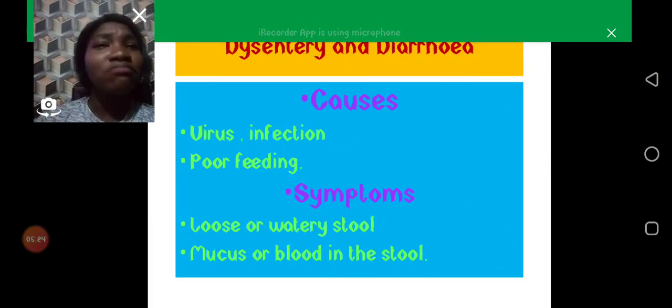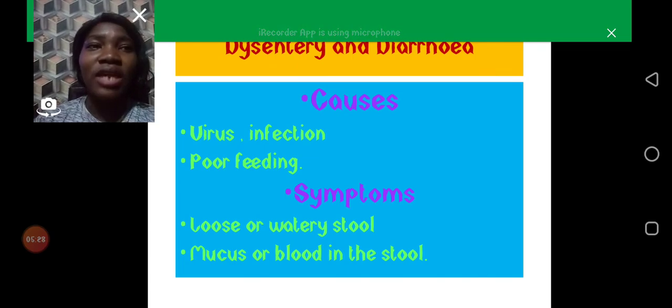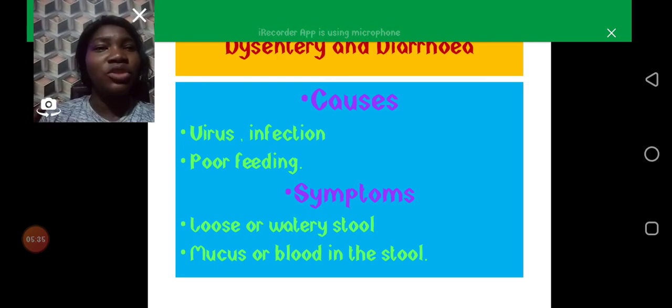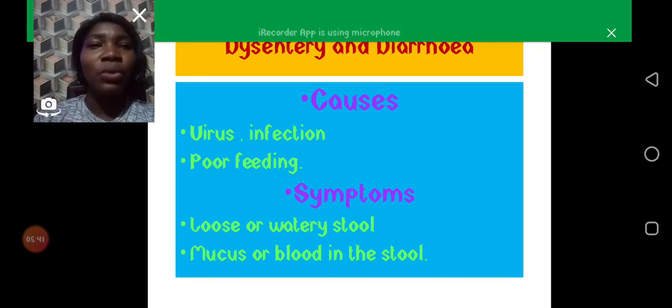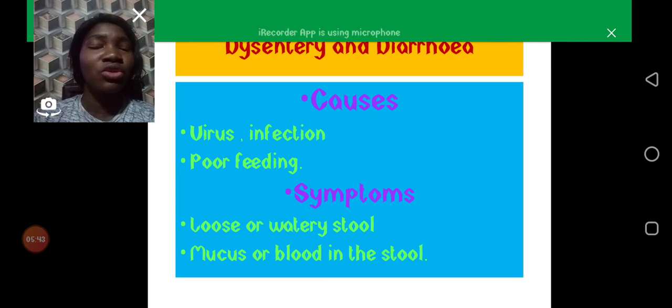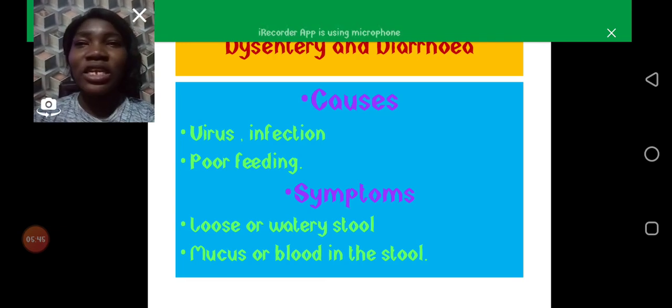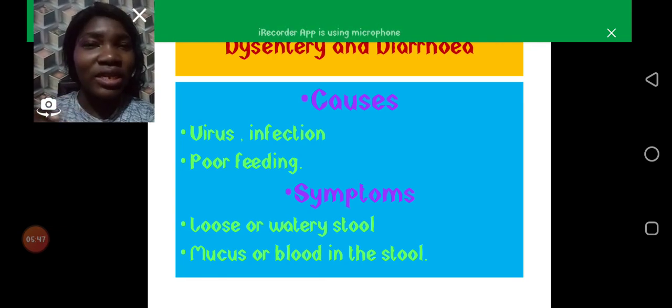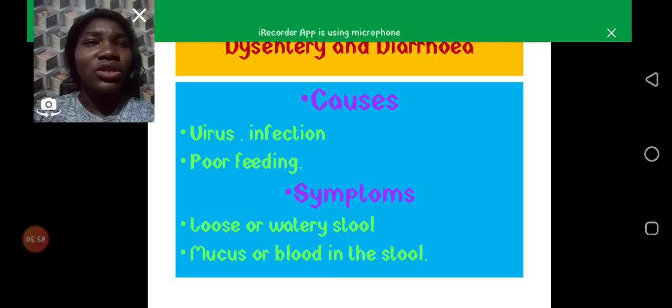Another common illness are dysentery and diarrhea. What are the causes of dysentery and diarrhea? Number one is virus, number two is infection, and number three is poor feeding. When you are not fed well, or not fed in a clean environment, all these things are causes of diarrhea.